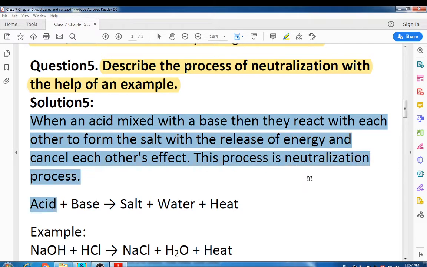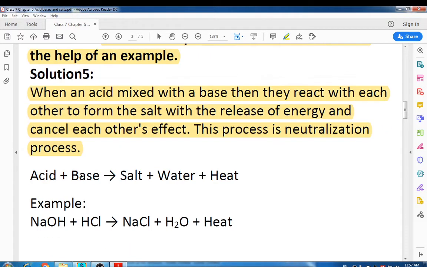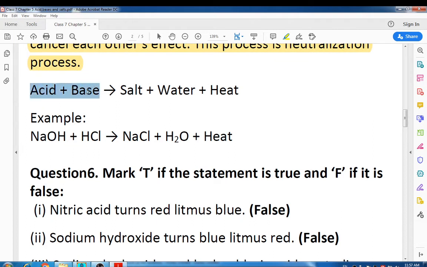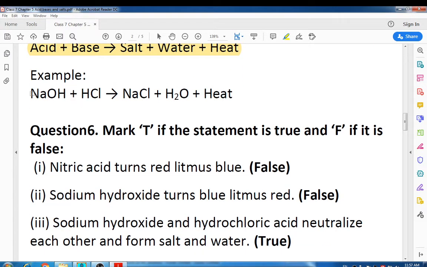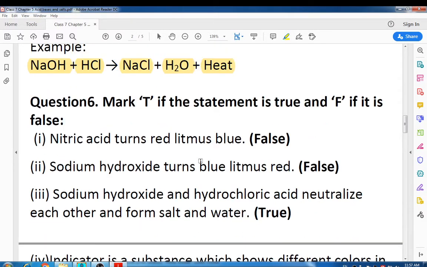This process is called neutralization. So acid plus base gives salt, water and heat. There is a production of heat. NaOH is the base, HCl is the acid, and there is a formation of NaCl, that is your salt, H2O meaning water, and heat.